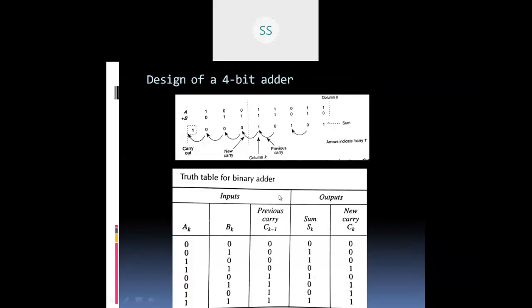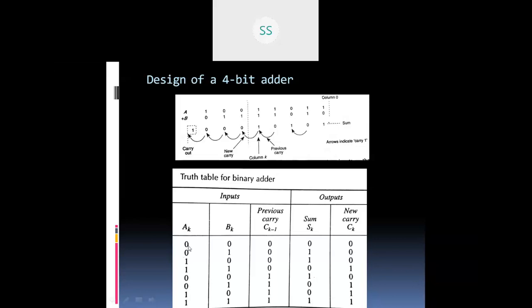Going back to the truth table, whenever AK is equal to BK, CK minus 1, that is the previous carry, is the same as SK, and this is true everywhere.